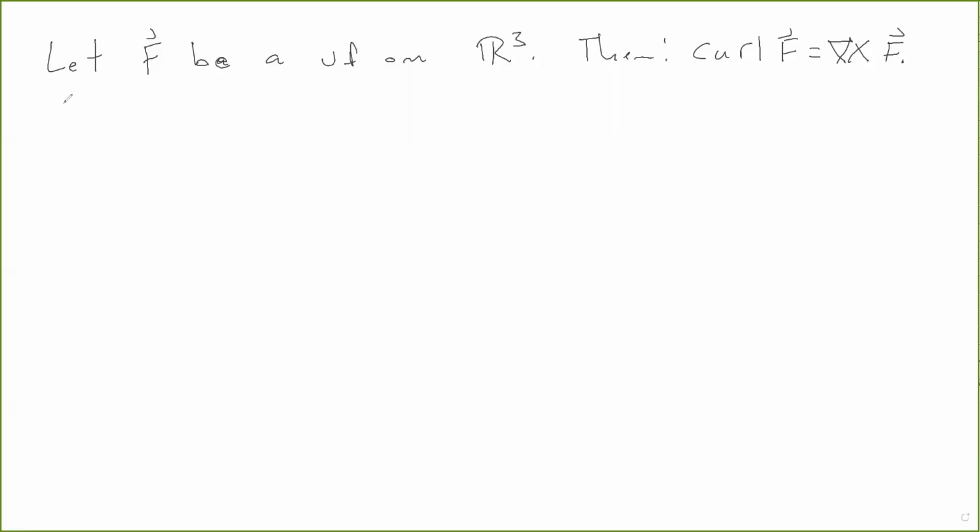Okay, so let's say F is a vector field, and its components are P, Q, and R. So the curl of F is equal to the determinant of the following matrix. This is I, this is J, this is K. Okay, so these are vectors, but here instead of putting numbers, we're going to put partial differential operators.